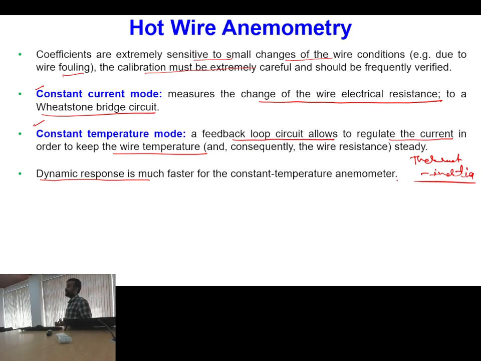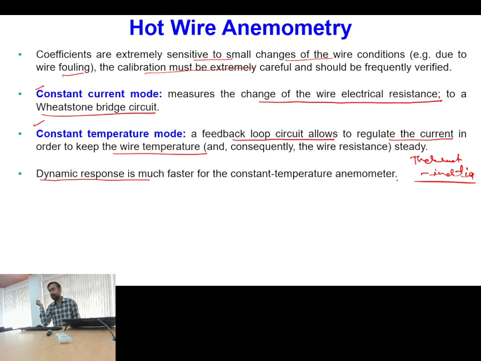Typically the thermal inertia of the system is more in comparison to the second mode, where we are simply regulating the current using the electrical circuit. If an electrical controller-based circuit is used, it will respond fast in comparison to the time taken by heat transfer.